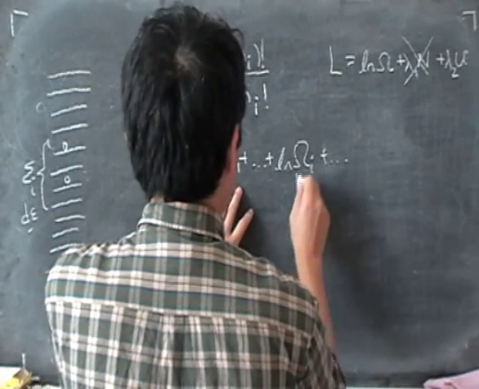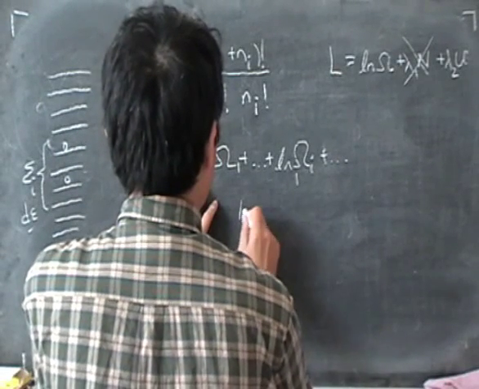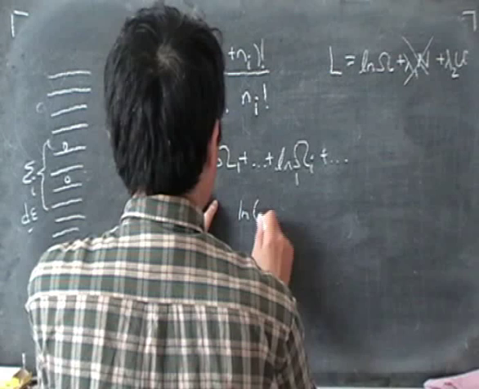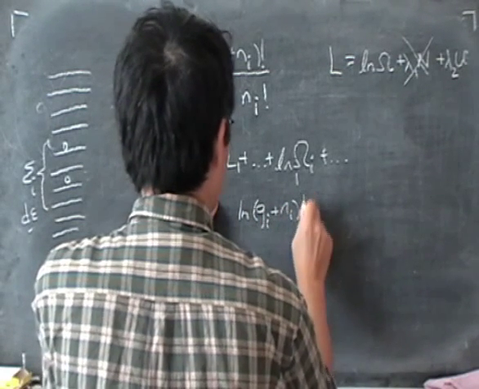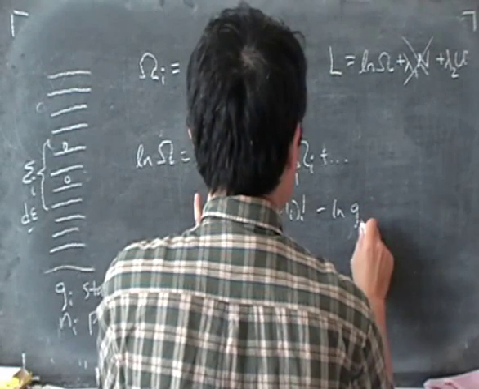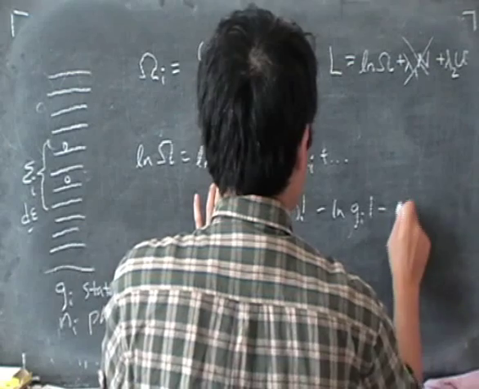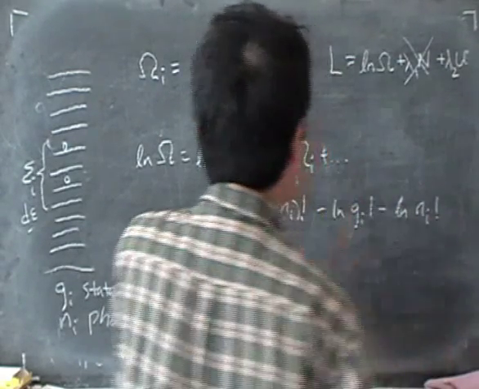So log of omega I would be log of gi plus ni factorial minus log of gi factorial minus log of ni factorial.